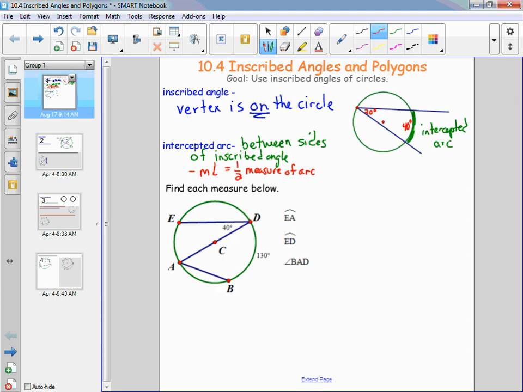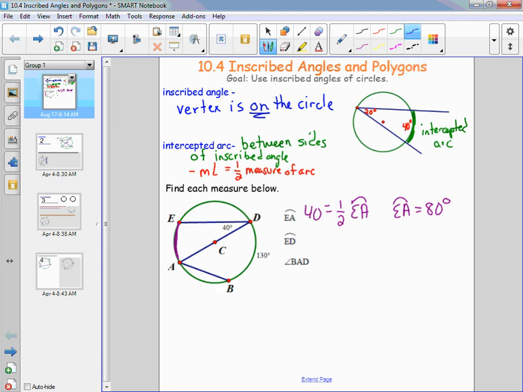On this diagram, we're asked to find each measure below. Our first one here is EA. So we know that 40 equals half of the arc. Multiply both sides by 2, and we get that EA is 80 degrees.